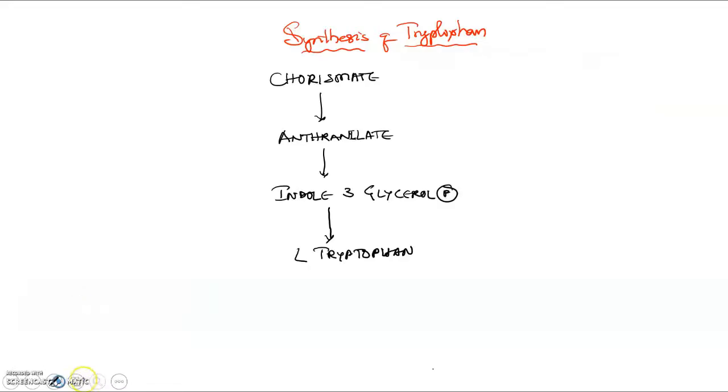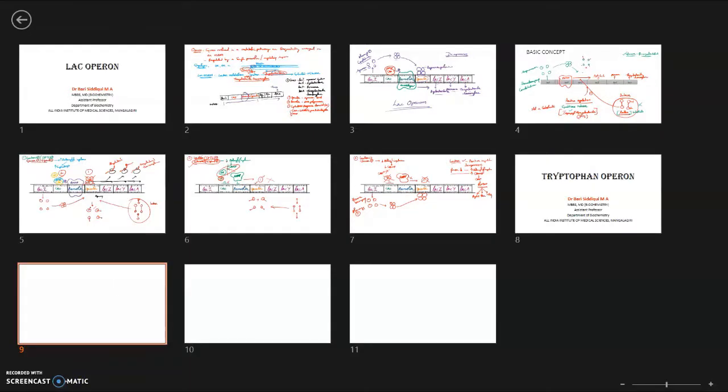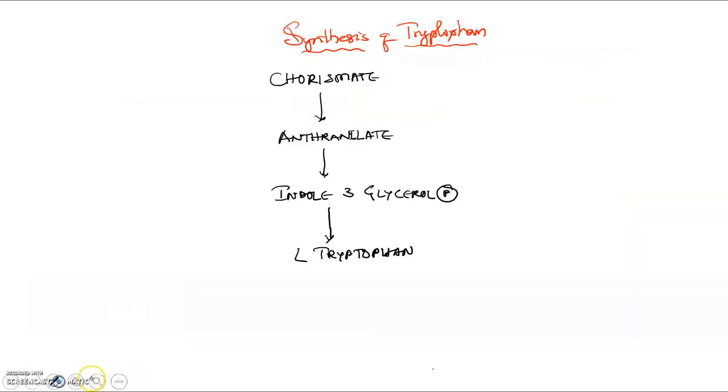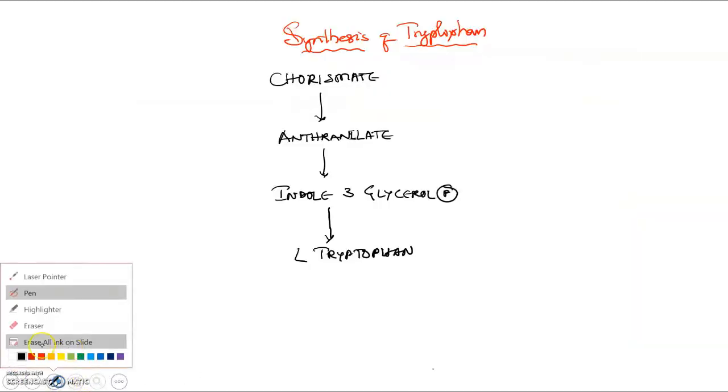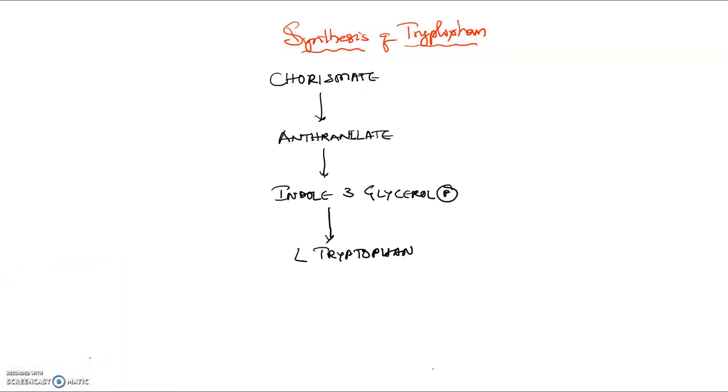3 enzymes, that is anthranilate synthase. This has 2 components, component 1, component 2.